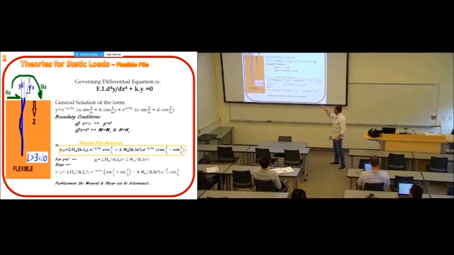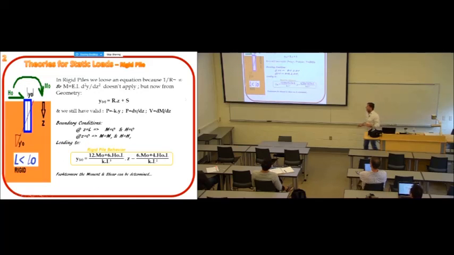So for any moment M0 and H0, if you know K of the soil and the EI of the pile, you can predict the deformation of the pile. And if you keep going with derivatives, you get here the slope, and you keep going, you get moment and shear. Second derivative, third derivative.